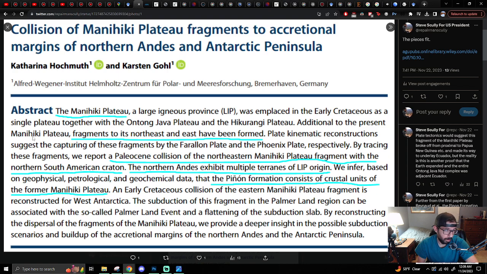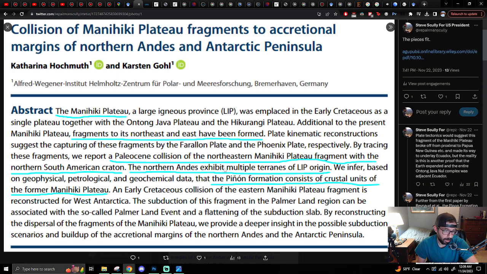Additional to the present Manihiki Plateau, fragments to its northeast and east have been found. And they say, by tracing these fragments, we report a Paleocene collision of the northeastern Manihiki Plateau fragment, which is the Pinon Formation, with the northern South American craton.